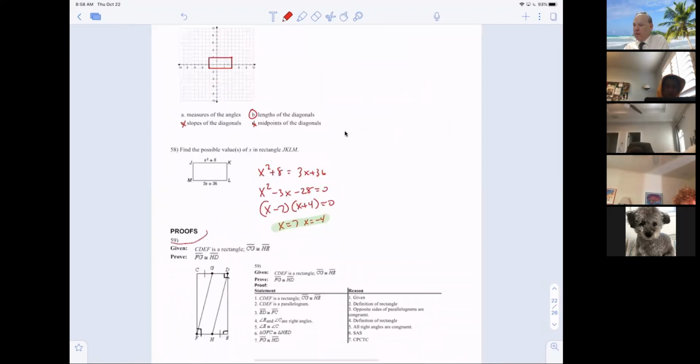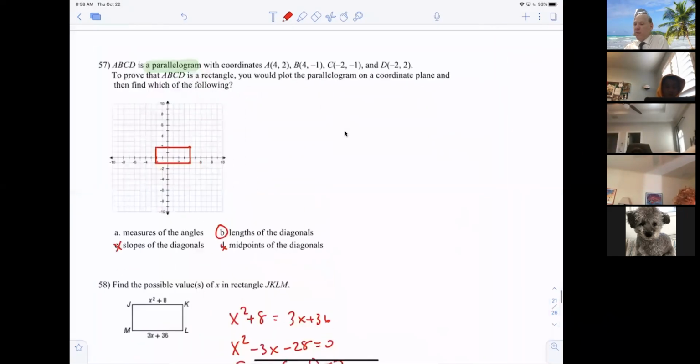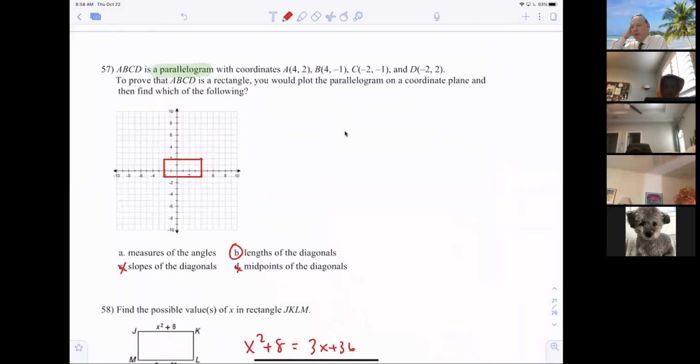I can look at 59 real quick. Yes, let's look at 57. So I graph that, and I want to prove that it's a rectangle. Now it says, to prove that ABCD is a rectangle, you would plot the parallelogram on the coordinate plane and then find which of the following.